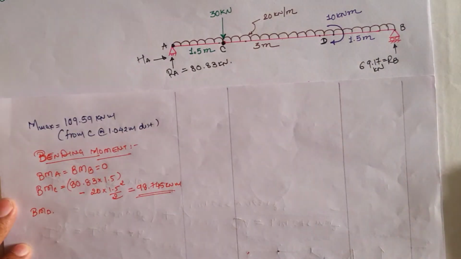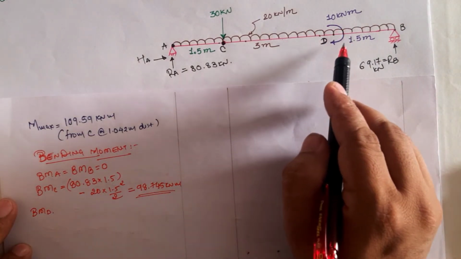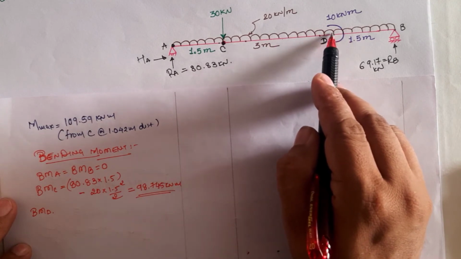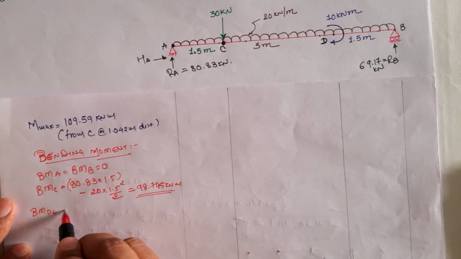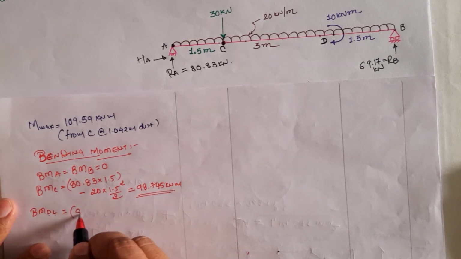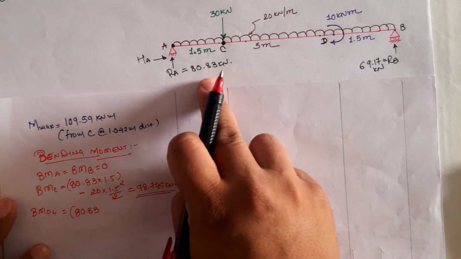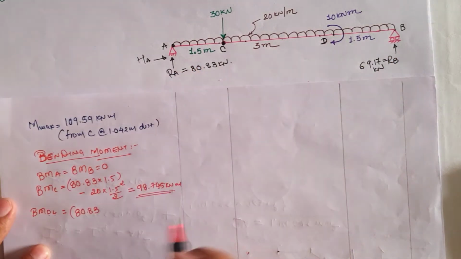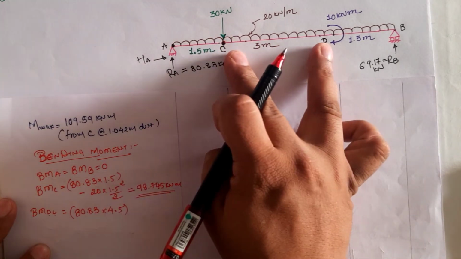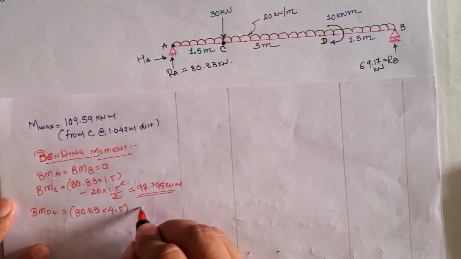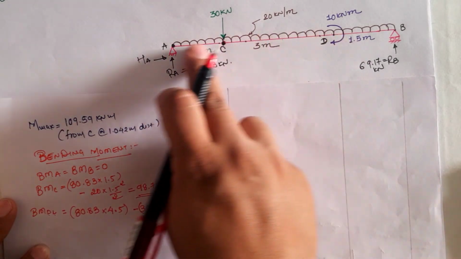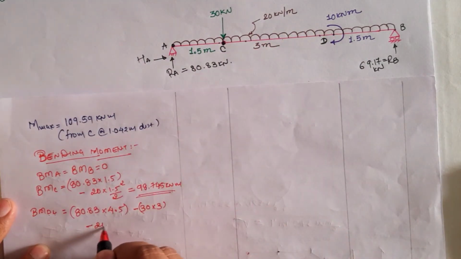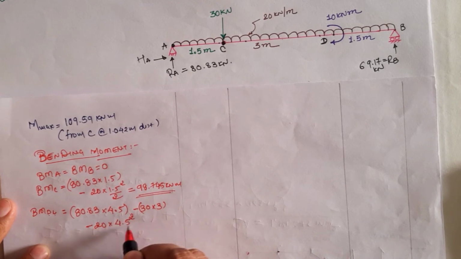Now similarly for location D, if we ignore the 10 kilonewton meter clockwise moment, it means just before point D, the BM at point D in the left hand direction is equal to 80.83 as a reaction, and total distance is 3 plus 1.5 as 4.5 meter in clockwise direction, 30 into 3 in anticlockwise direction, so it is minus 30 into 3, and for the UDL over the 4.5 meter span, it is minus load into distance by 2.